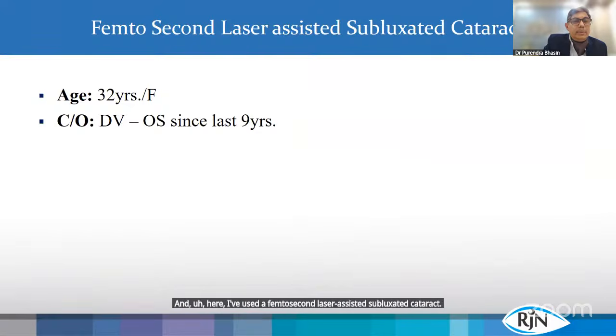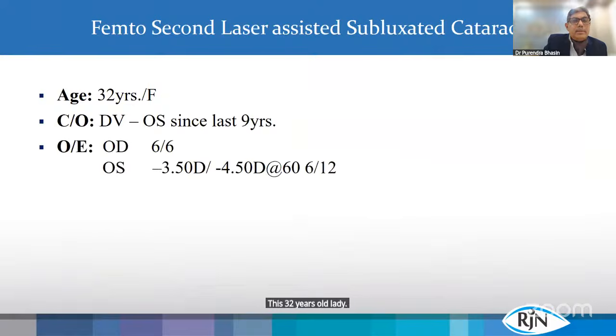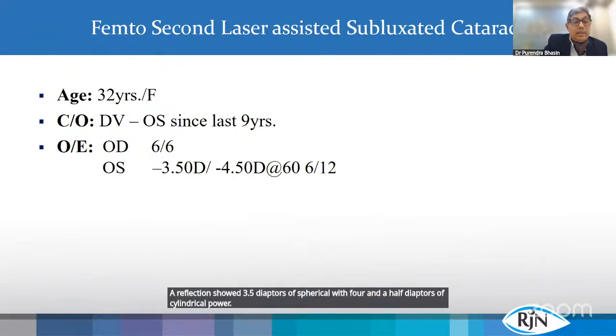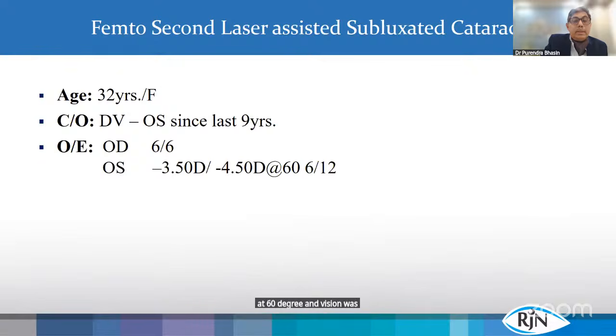This 32 year old lady came to us with the complaint of defective vision for the last 9 years. Her refraction showed 3.5 diopters of spherical with 4.5 diopters of cylindrical power at 60 degrees, and vision was improving to 6/12.